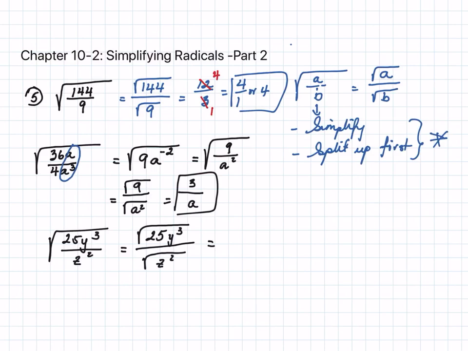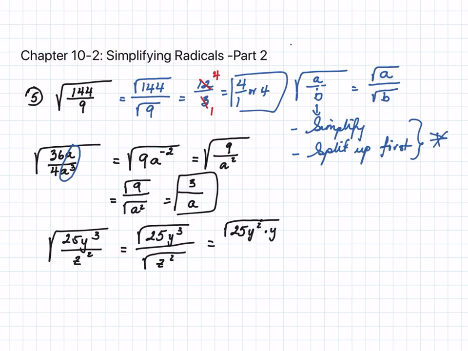Square root of 25 is 5, but y to the third is not a perfect square, so I want to make it y squared times y.